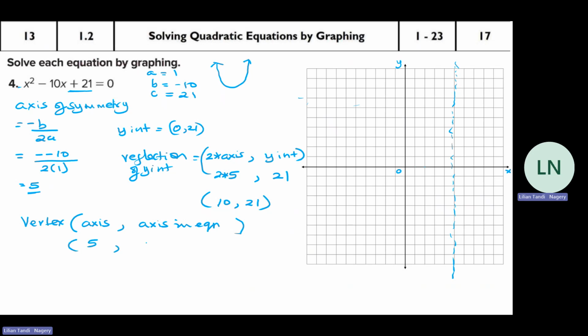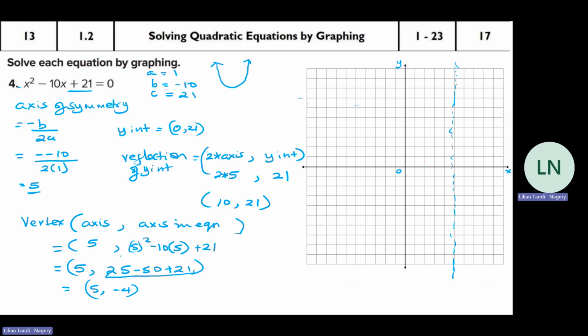Then axis in equation will be 5 squared minus 10 times 5 plus 21, which will be 25 minus 50 plus 21. When you put these three values in the calculator, that should give you -4. So this is 5, -4.